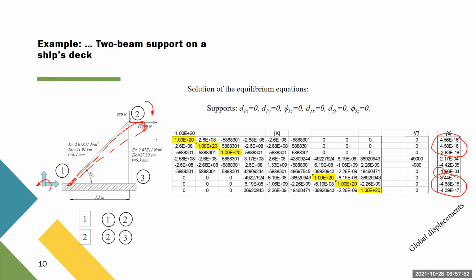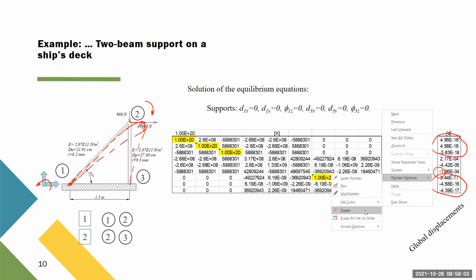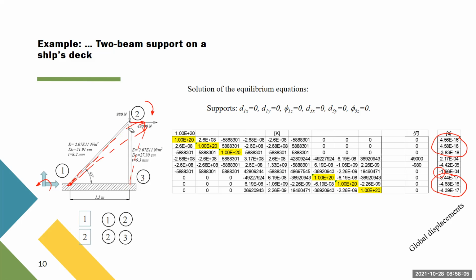And then this one here comes like this. Remember, this is the global reference system.